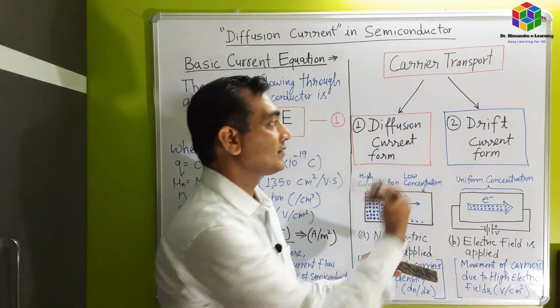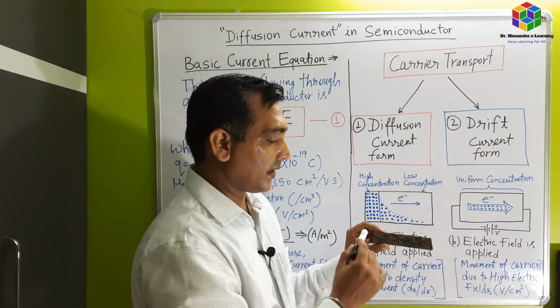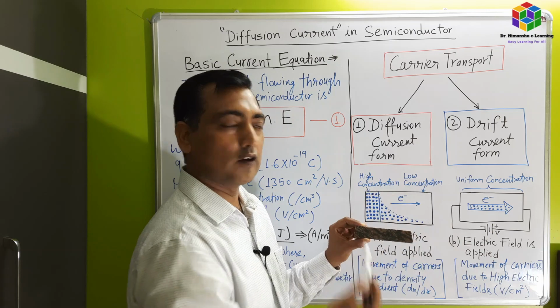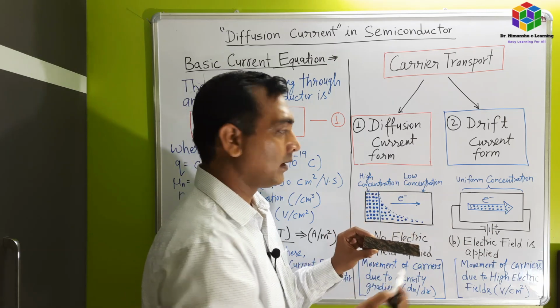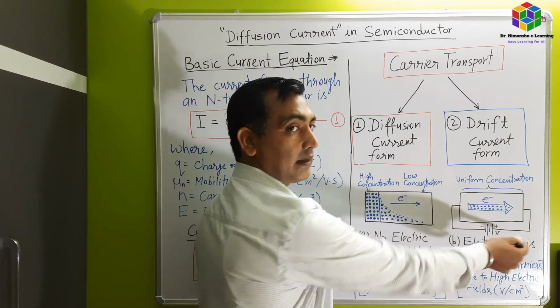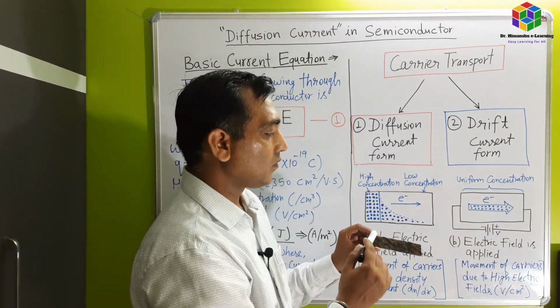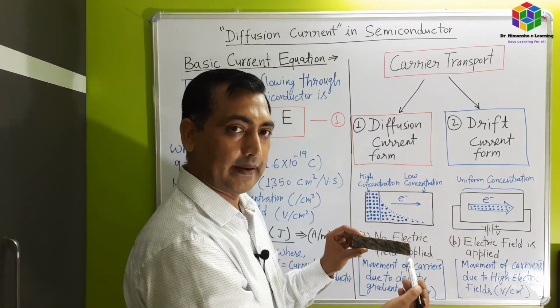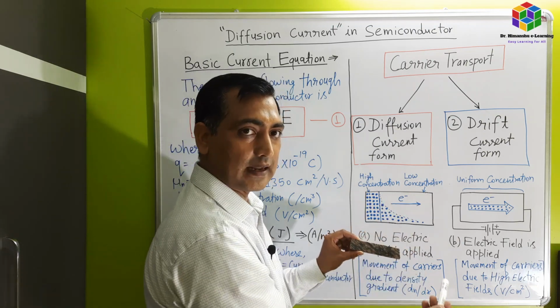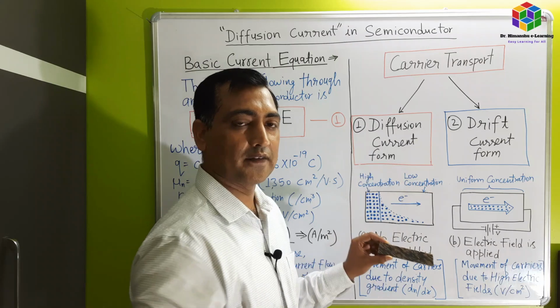Similarly, in the second case, if we apply an electric field, a battery, to both sides of the semiconductor, then the electrons will start moving from one side to the other side. It means when the electric field is applied, then the flow of current from one direction to another is known as drift current.